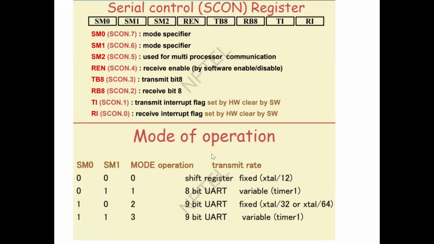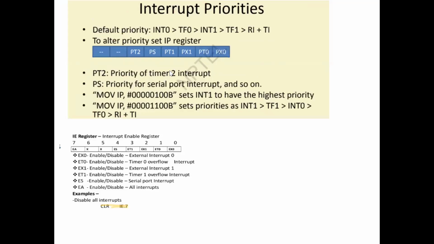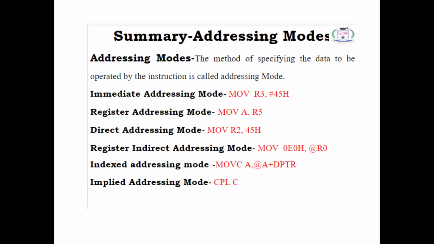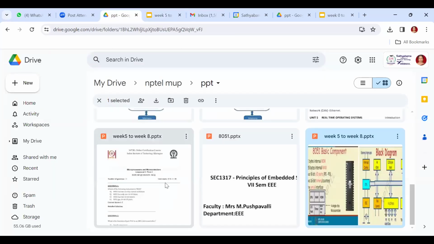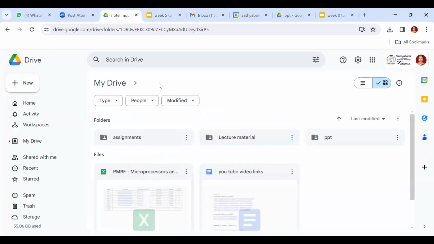Serial is UART. What is UART? Universal Asynchronous Receiver Transmitter. Fixed baud rate by 12, variable timer, all this we will cover again with the serial control register. These are the interrupt priority register and addressing mode. Now I will stop sharing this and take week 5 to week 8.